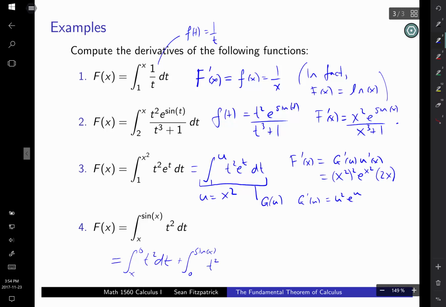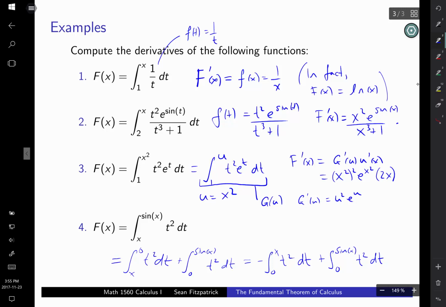Alright, I know that I'm allowed to split up an integral like this. And then this first integral, I also know that I'm allowed to flip the limits. I can write this as minus the integral from 0 to x of t squared dt plus the integral from 0 to sine x of t squared dt.